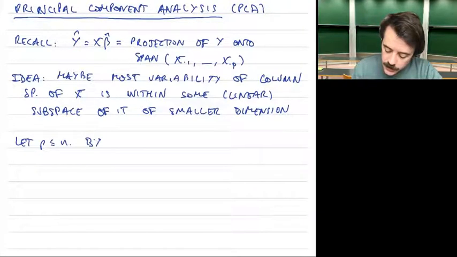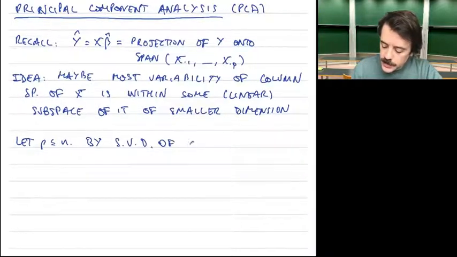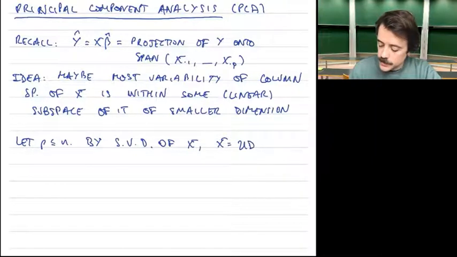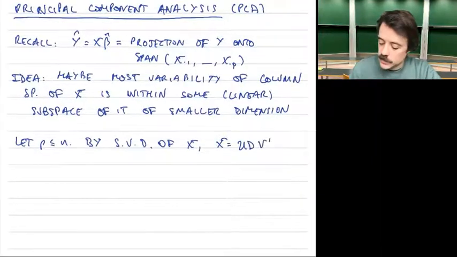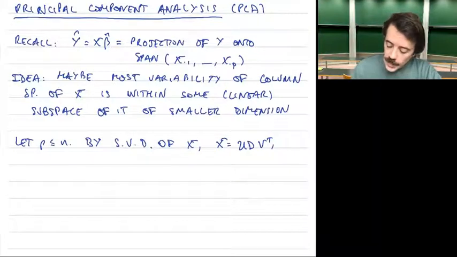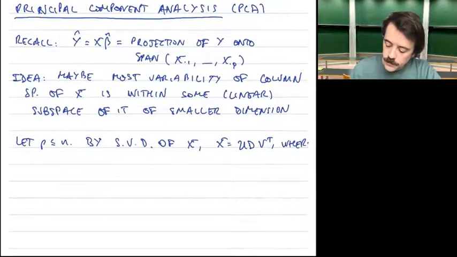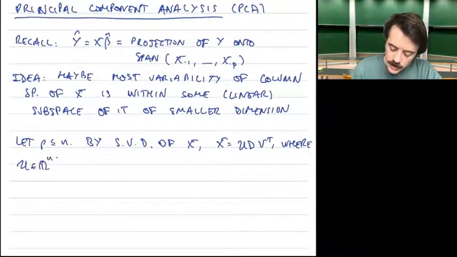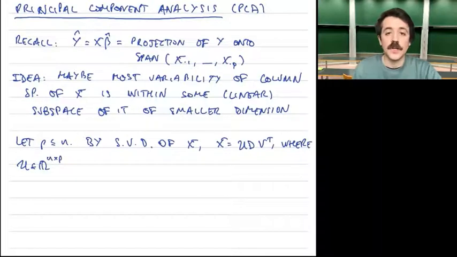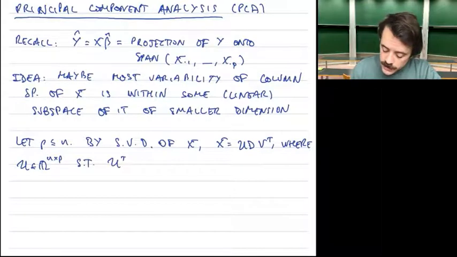By the singular value decomposition, X can be written as the product of three matrices: capital U, capital D, and capital V transposed, where U is an n times p real valued matrix such that it satisfies this.